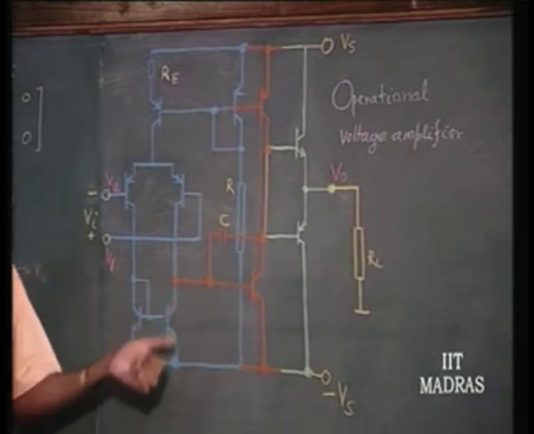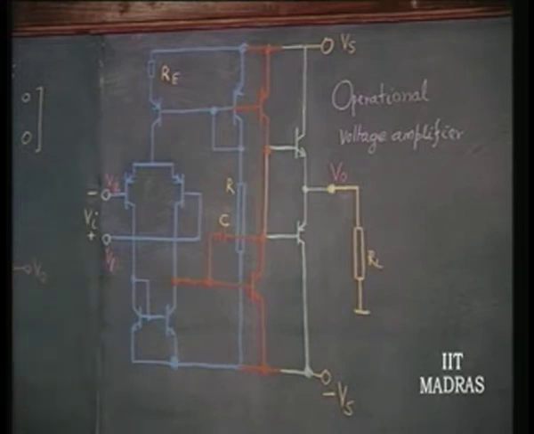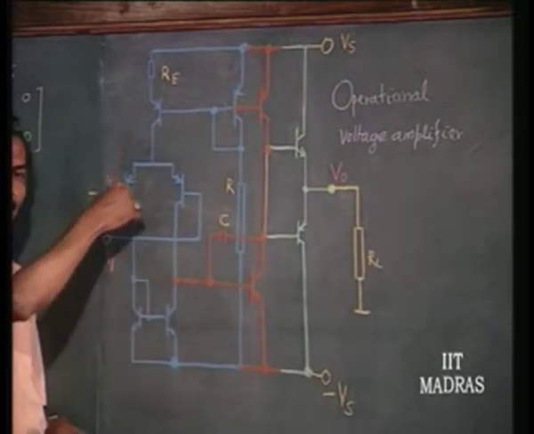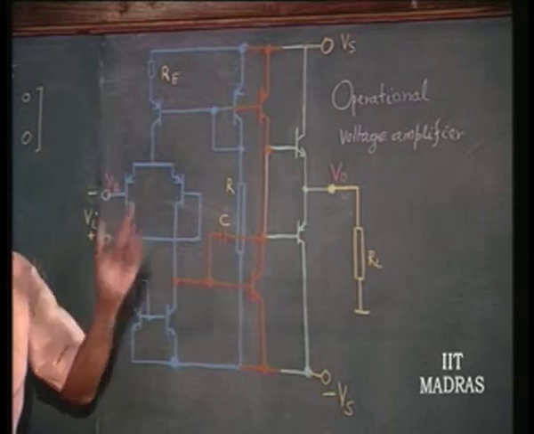Okay. If you select then the NPN active load, there will not be any need for what? Level shifting, which otherwise would have needed. So, this is a neat way of getting rid of the level shifting situation. Okay. But of course, we have to worry about getting good PNP as the input pair.